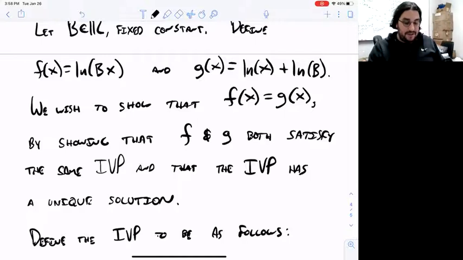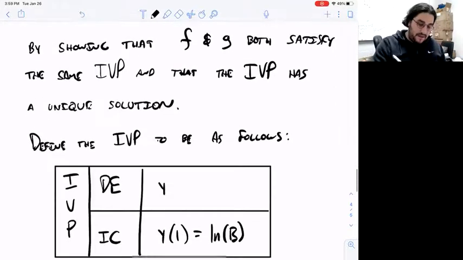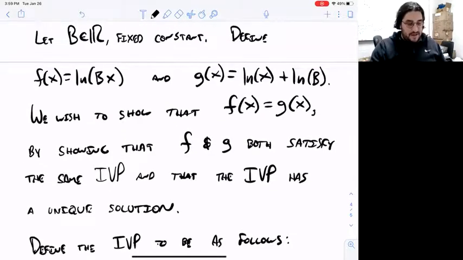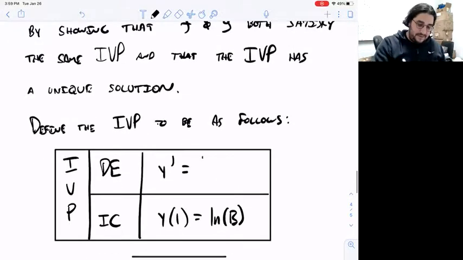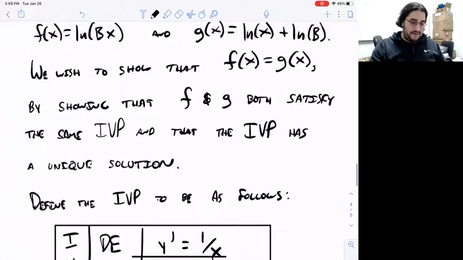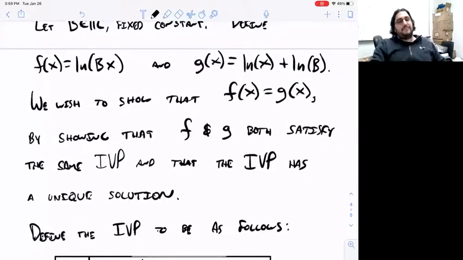Now I also need to say what the differential equation is. So I need to specify y prime. So y prime here, again, it takes maybe a little bit of looking at. What would y prime be for both of these functions? Well, it looks like it would just be 1 over x, right? For g, that's not too hard to see. It's a little trickier for f, but also not too bad.